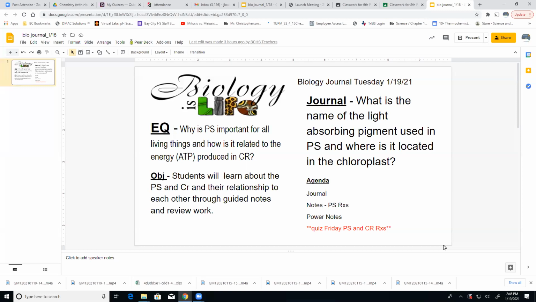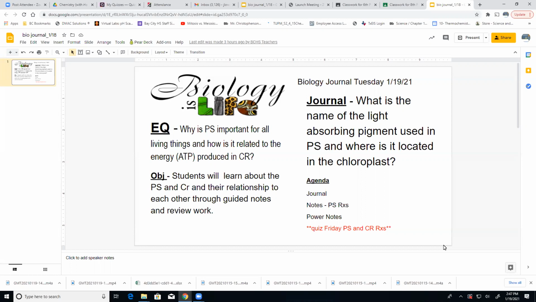Anybody find it? It's in the chloroplast, and it also happens to start with C. Nobody can find it on their notes? Chlorophyll, thank you.